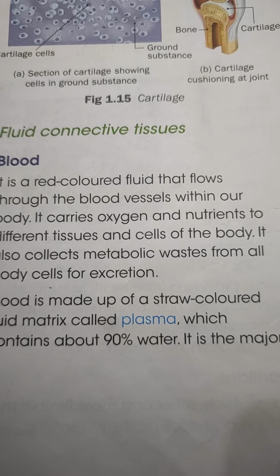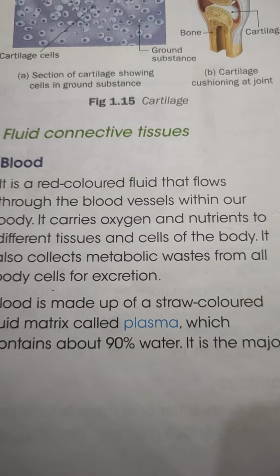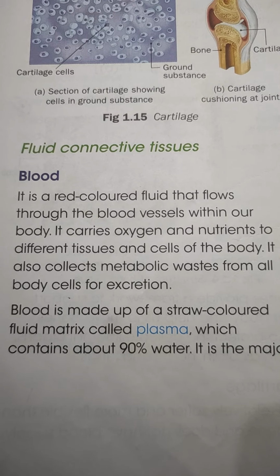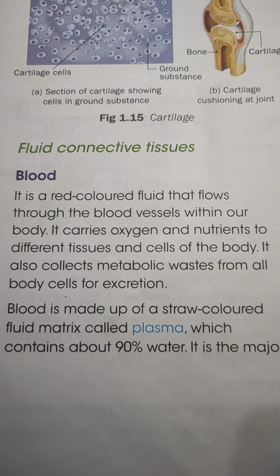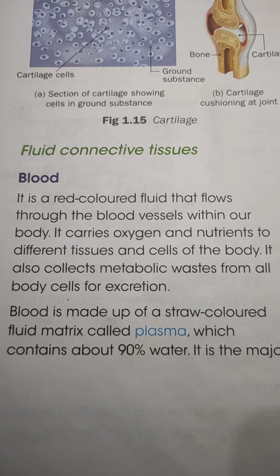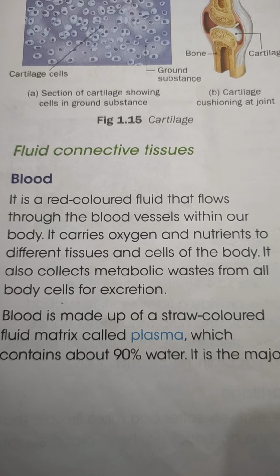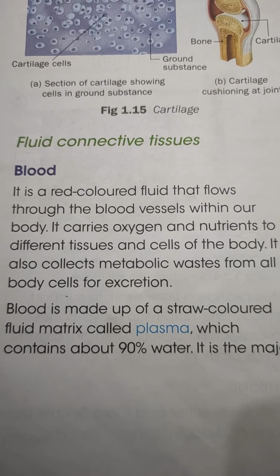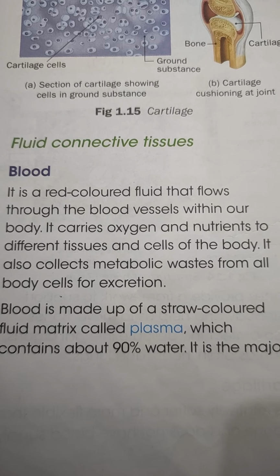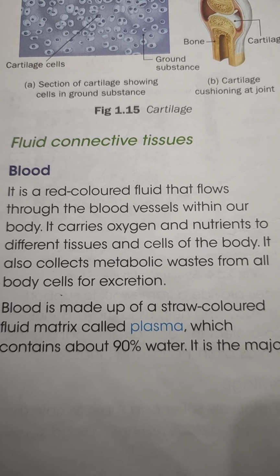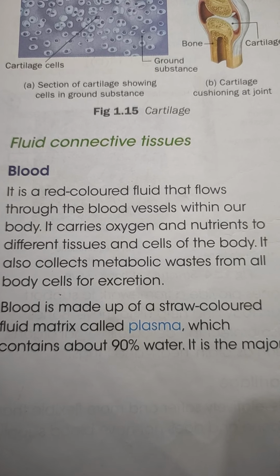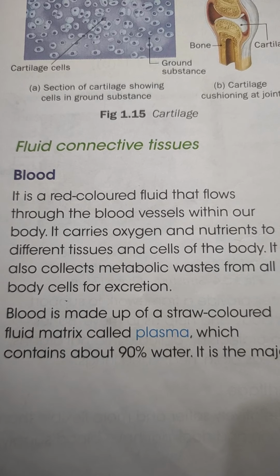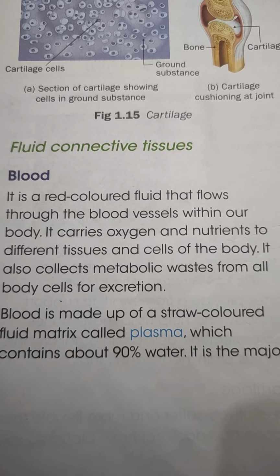Blood plays a very important role in the survival of an organism. It's a very important constituent of life, because it carries oxygen and nutrients to the different tissues and cells of the body. It's the carrier of oxygen and carbon dioxide within the body.